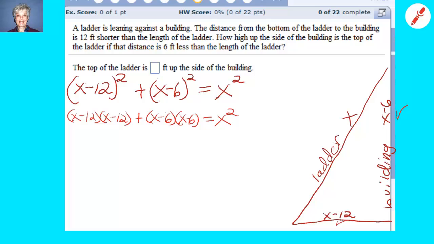So x minus 12 times x minus 12 will give us x squared minus 12x minus 12x plus 144. And x minus 6 times x minus 6 will give us x squared minus 6x minus 6x plus 36, and that all equals x squared. So now we'll combine our like terms. X squared plus x squared is 2x squared.